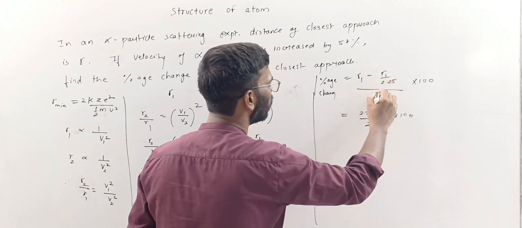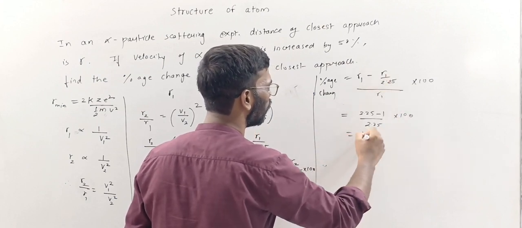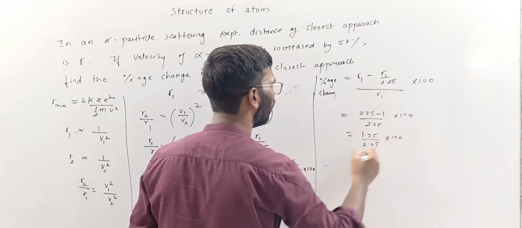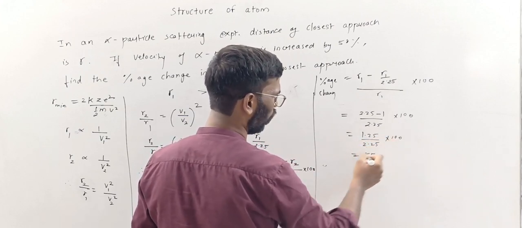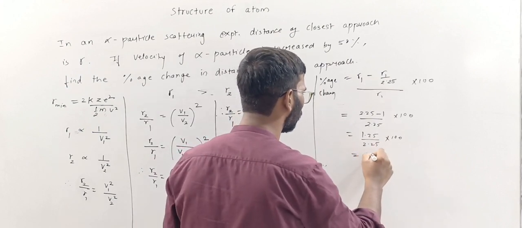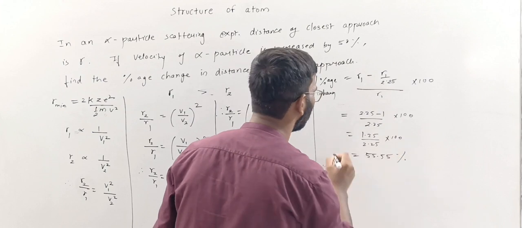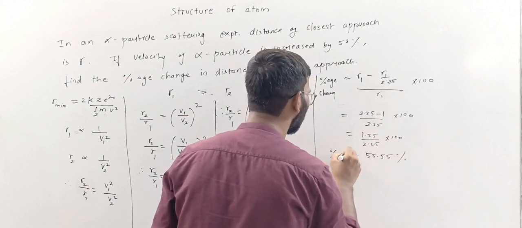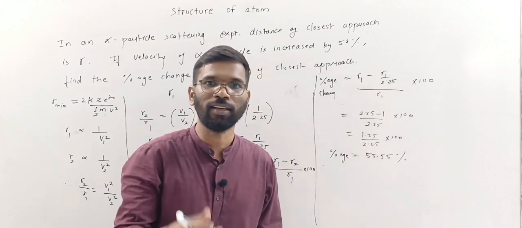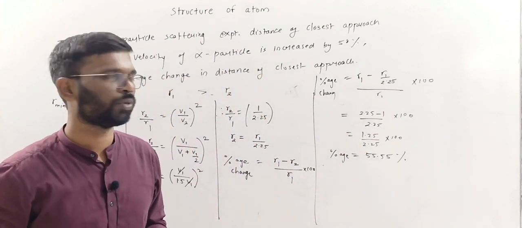That is 1.25 divided by 2.25 into 100, and the answer is close to 55.55%. This is the percentage decrease in the distance of the closest approach of the nucleus.